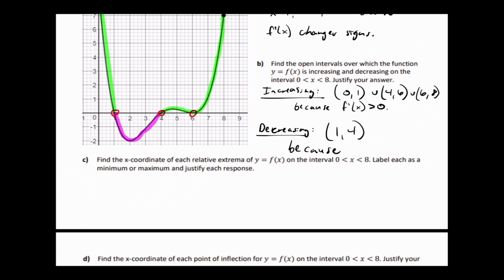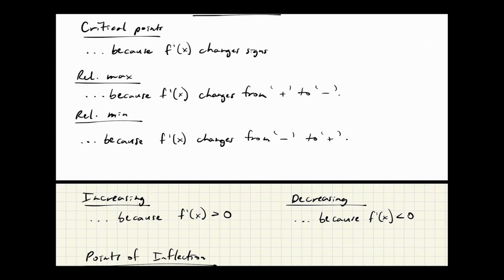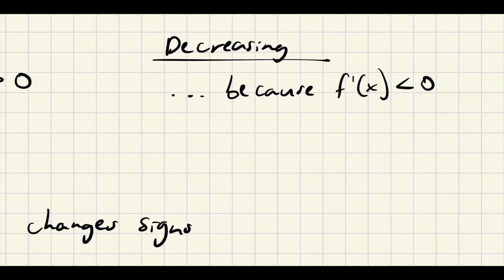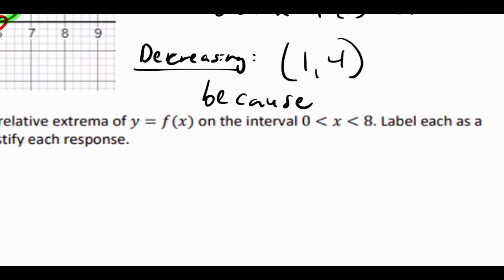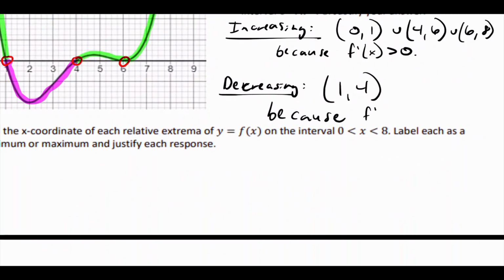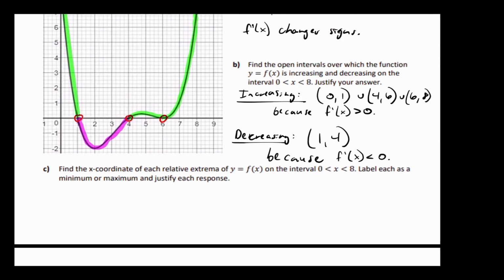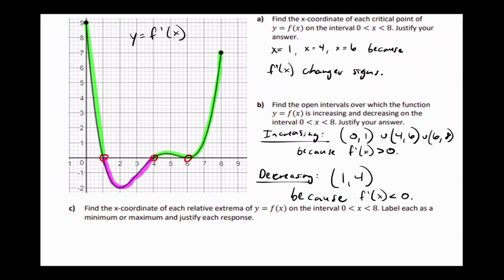Because justifications, f prime of x is negative. It's less than 0. What I mean is less than 0, it's under the x-axis. Above, greater than 0 means above the x-axis. Okay.